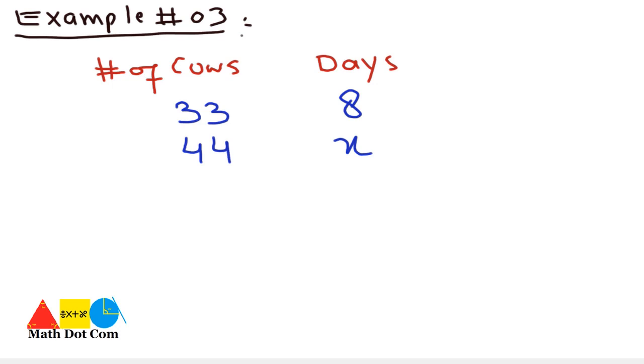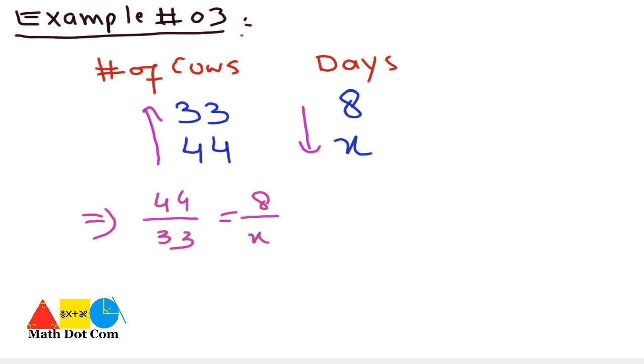Now, he bought 11 more cows. It means by increasing the number of cows, for how many days will the food be enough? So we will write the arrows like this. Again we write by keeping in a way 44 over 33 equals 8 over x.